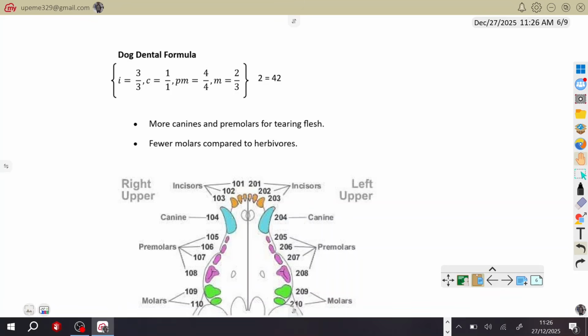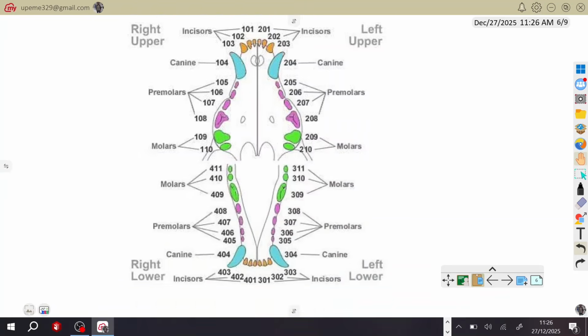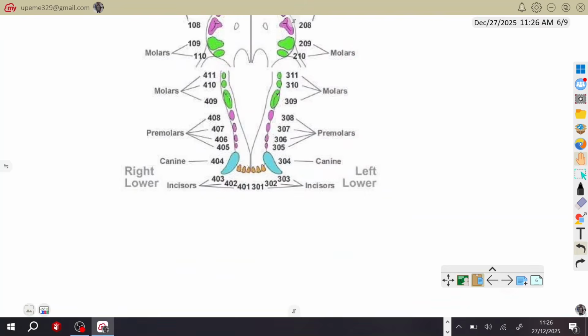When you check for herbivores, animals that feed on plants only, they will not have more incisors and canines, because of the type of food they eat. So you have seen that the way animals feed, even the type of food, the type of teeth differs. Then we move to the cat.